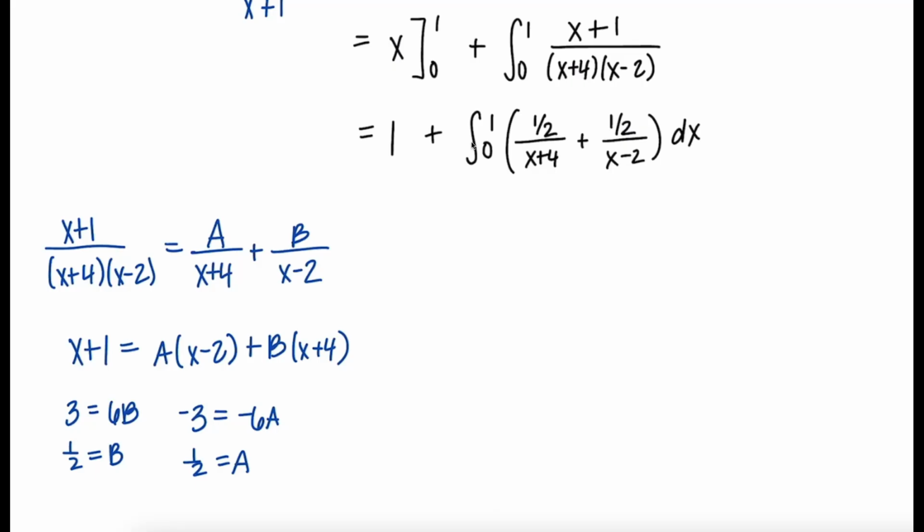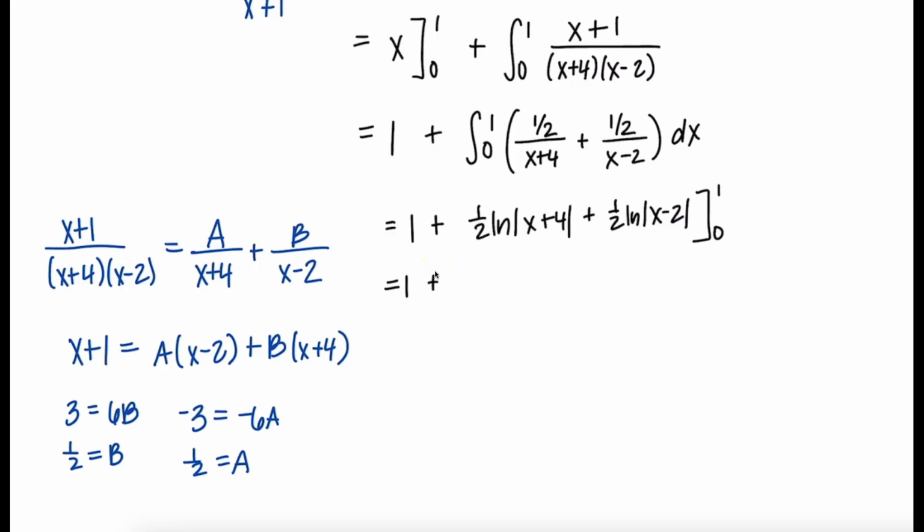Okay, so now the antiderivative of each of these is a natural log function. So we'll bring down the 1, plus we have 1/2 natural log absolute value of x plus 4, plus 1/2 natural log absolute value of x minus 2, evaluated from 0 to 1. All right, let's go ahead and plug in 1 first into each x.